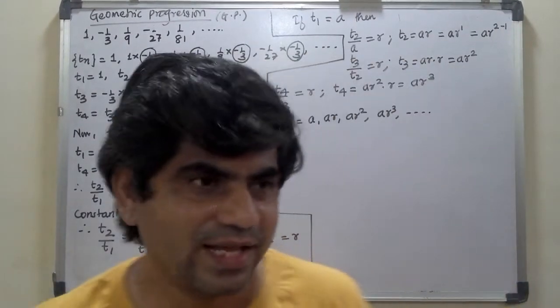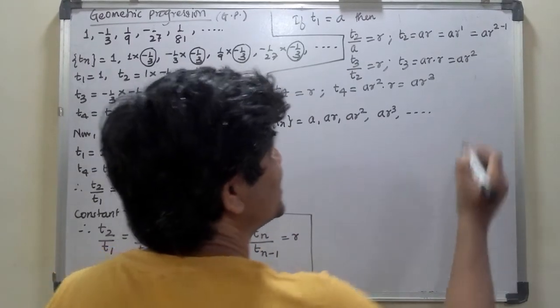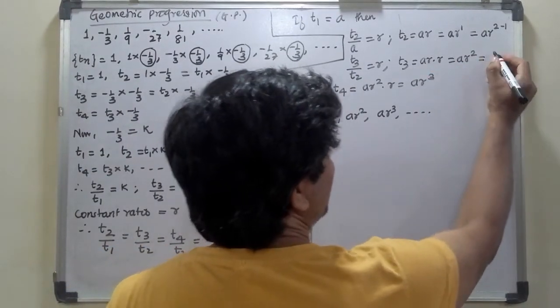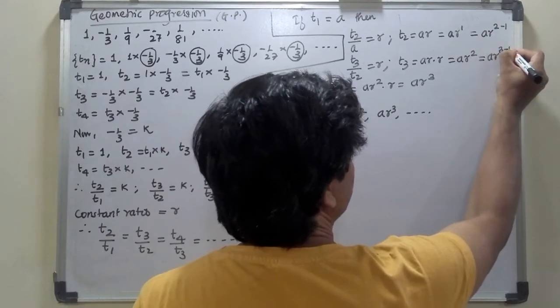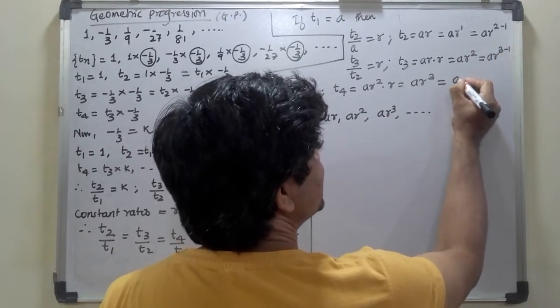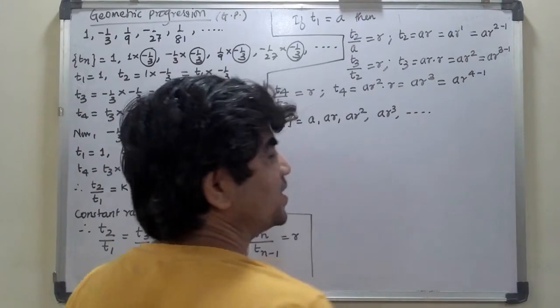And with this term, it is AR raised to 3 minus 1, and this is AR raised to 4 minus 1.